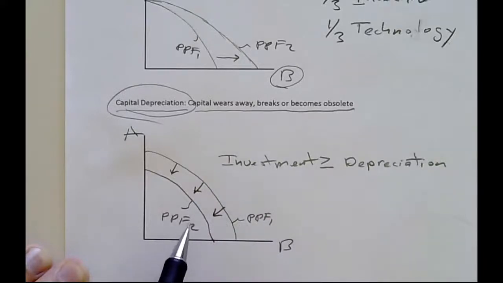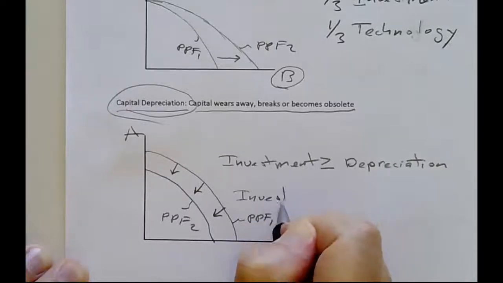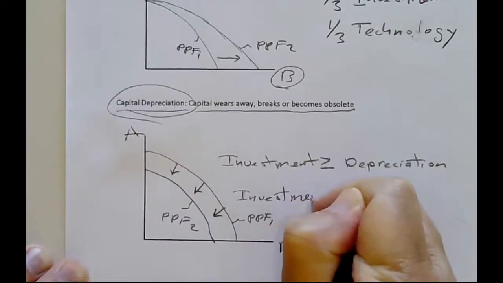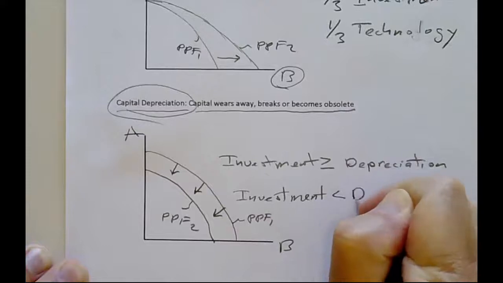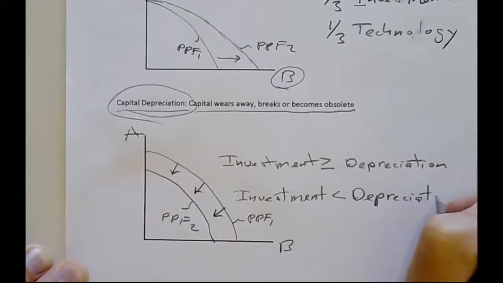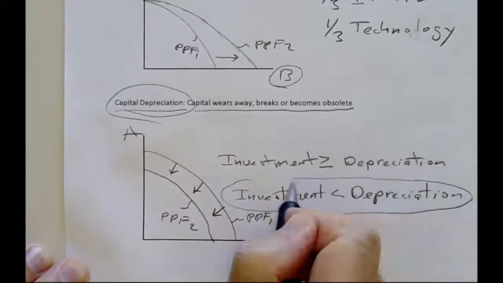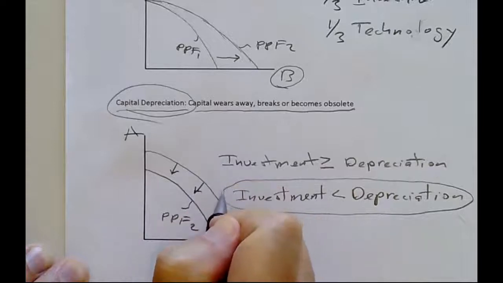But this situation here would be where investment is less than depreciation. So we have more capital wearing away, breaking, becoming obsolete than the amount we're building right now. And this situation would be represented by this diagram here.